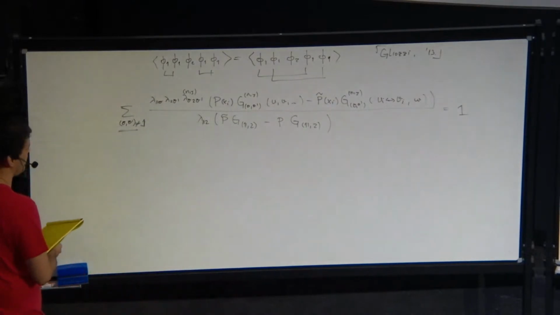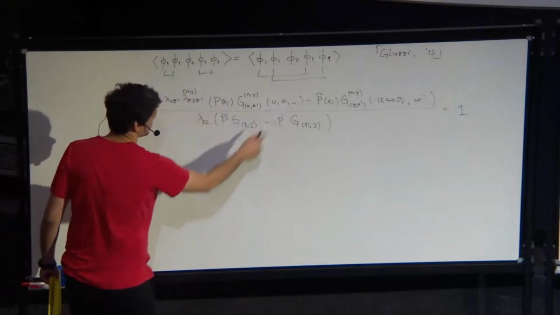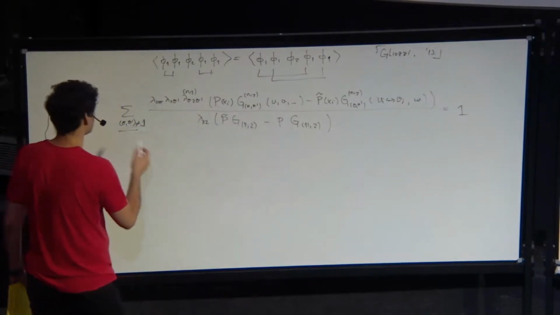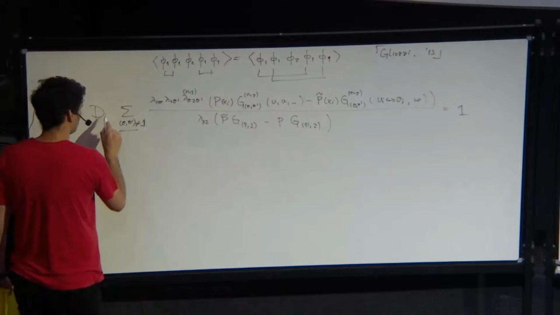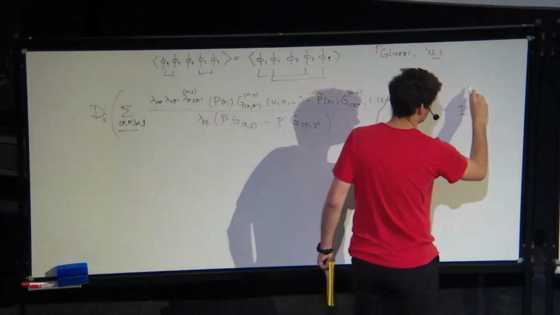Since this equation has to be true for all choices of cross ratios, it has to be true on a functional level, so you can take derivatives of this equation.